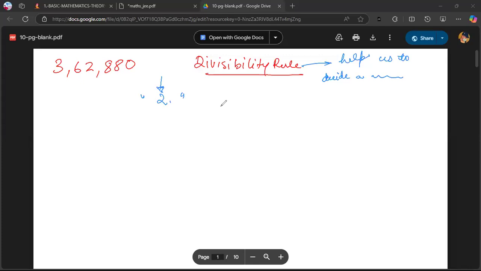I actually forgot that, sir. Simple: even numbers. All even numbers are divisible by 2, and the unit digit of all even numbers is 0, 2, 4, 6 or 8. Okay? Yes, sir.